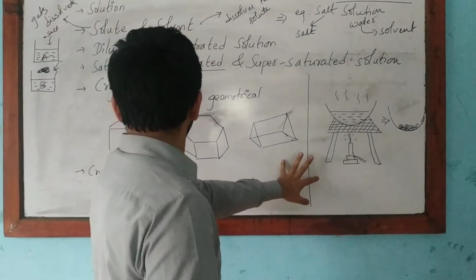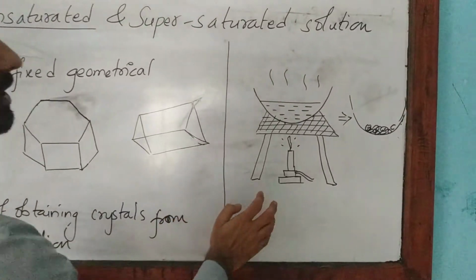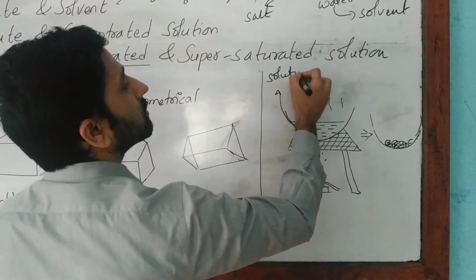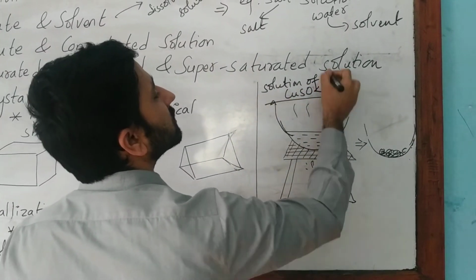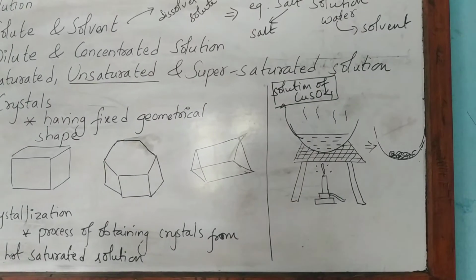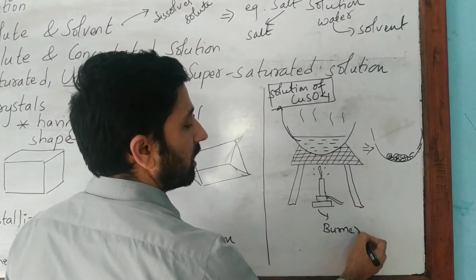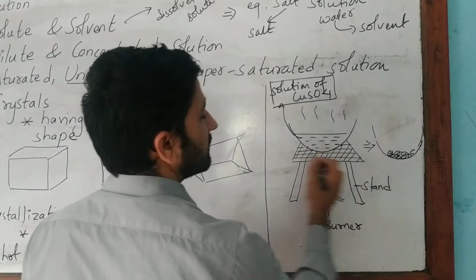Here in the figure, this is a solution of CuSO4, that is copper sulfate. We can see this is a burner connected to a gas, and this is the stand. This is a wire gauze.